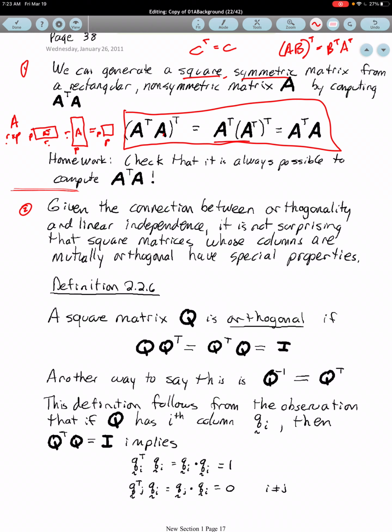Well, applying that rule above, my second matrix ends up being first, and that's transposed, and then the first matrix ends up being second, and that's transposed. So this second piece is A transpose transpose, and I end up with A transpose A, and we see that it is symmetric. So we can create a square symmetric matrix by taking a rectangular non-symmetric A and computing A transpose times A. Okay, that's our first special matrix.